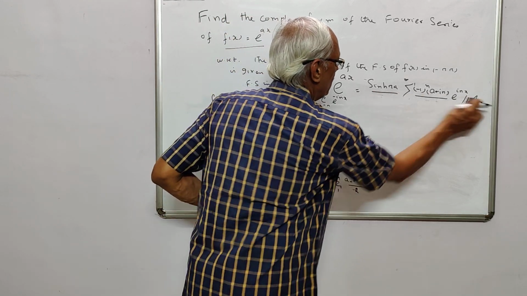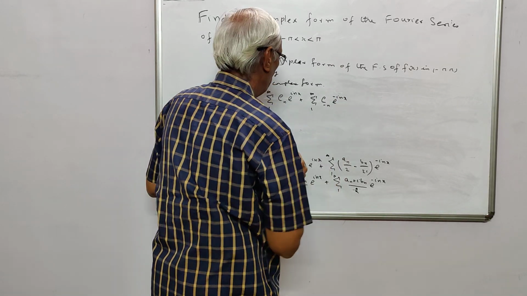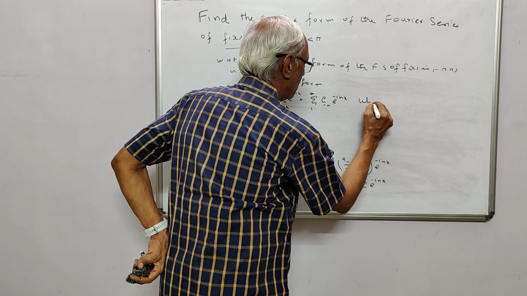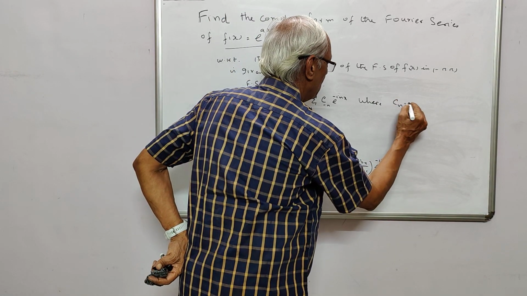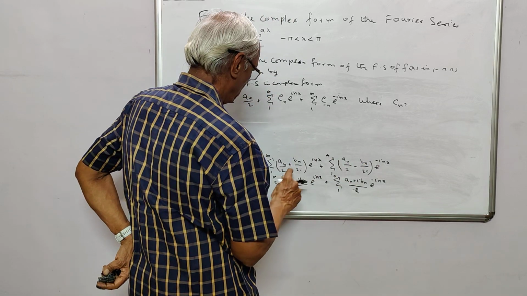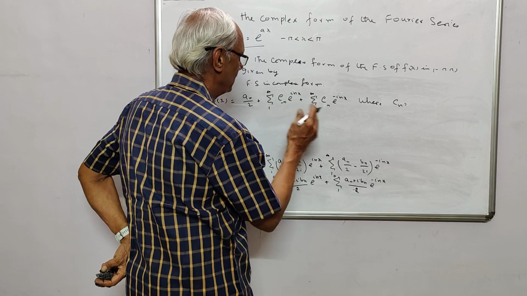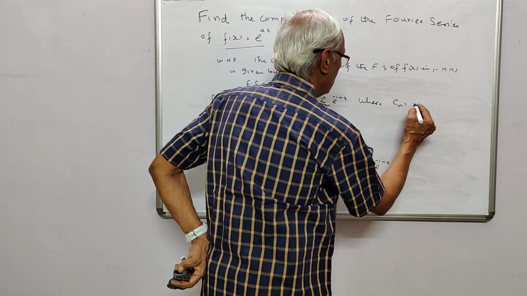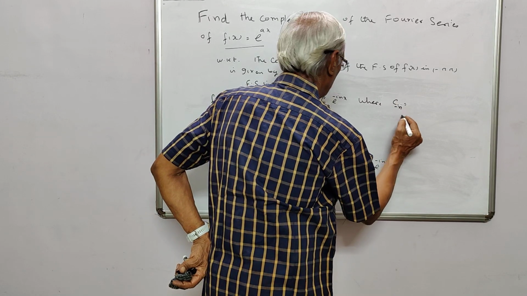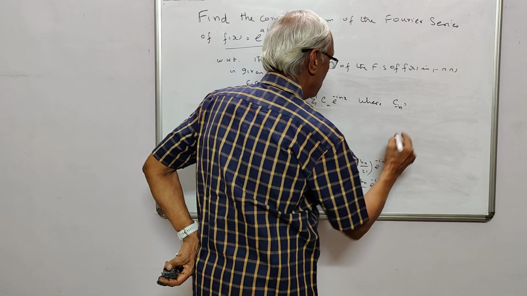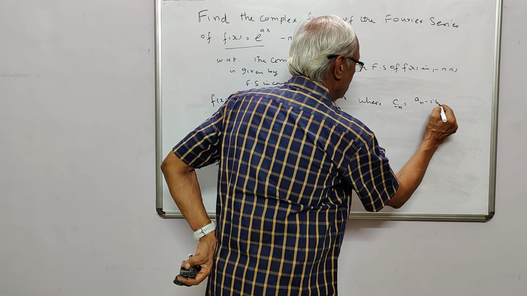Where Cn is equal to, and conventionally you call this as minus n, so C minus n will be an minus ibn.